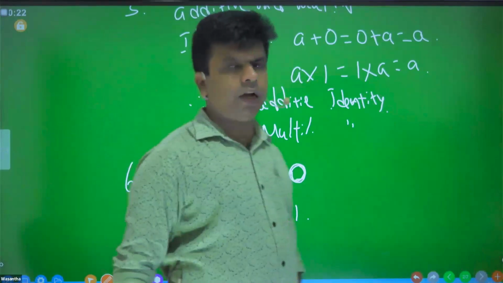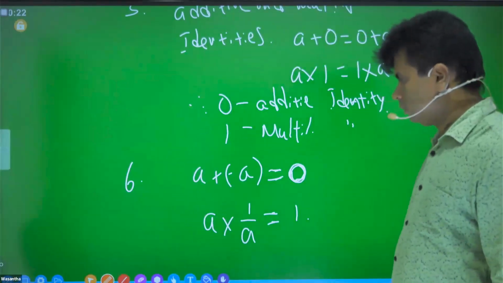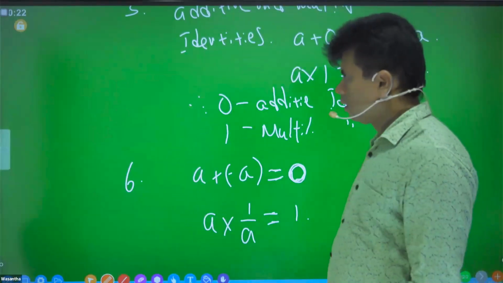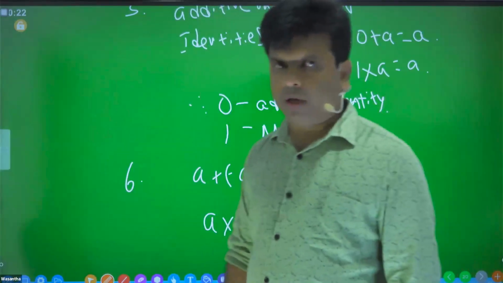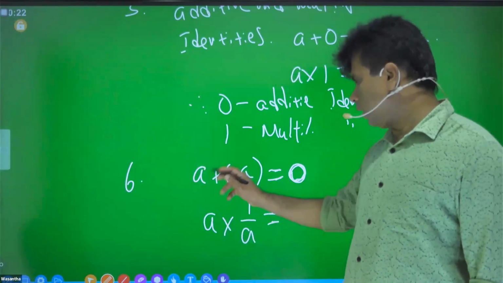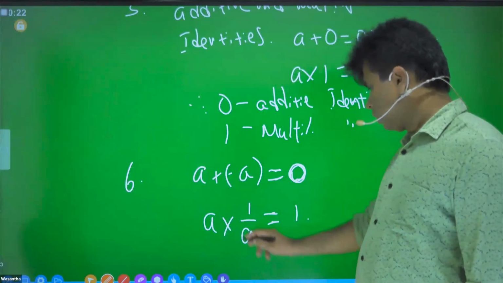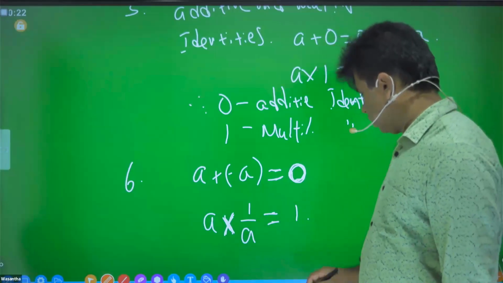Write down A plus minus A equals 0, right? A into 1 over A, right, is equal to 1. Okay?